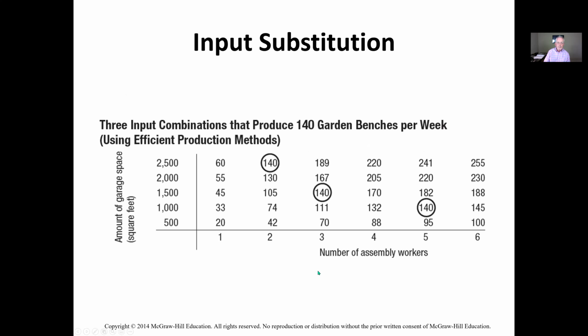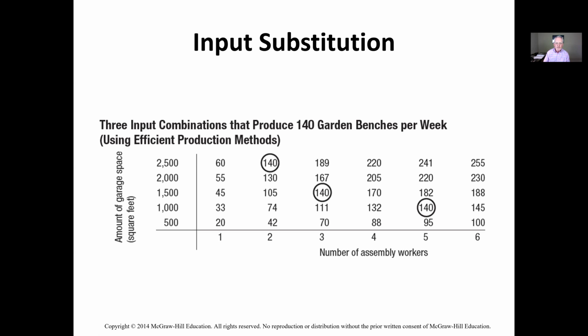Now, if you look at this tabular form of a production function for a firm producing garden benches, and this is production technology, a fixed technology for a firm who's using both labor and capital.